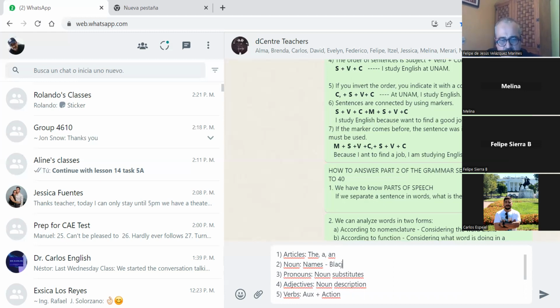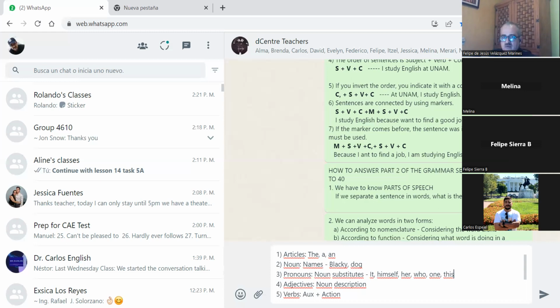Examples of names: for example, Blackie is the proper name of a dog, and dog is a group name, or common noun. Pronouns: if I want to substitute, for example, teacher, I can say he, she, it, himself, her, who, one, this, that.